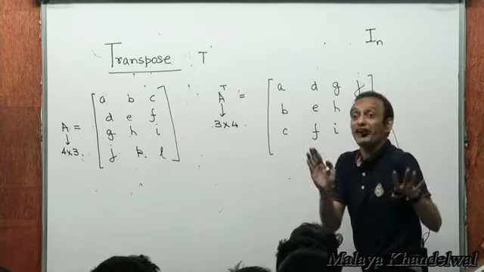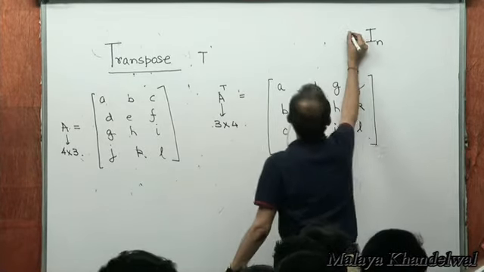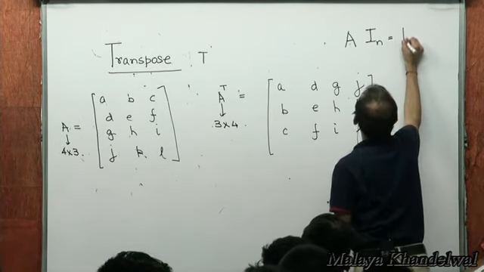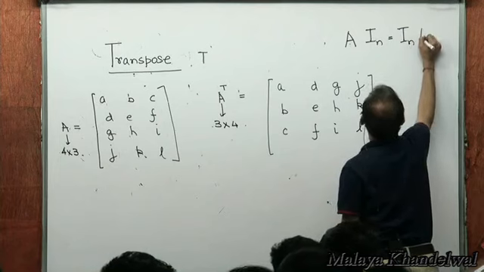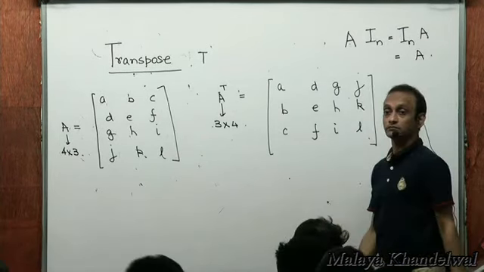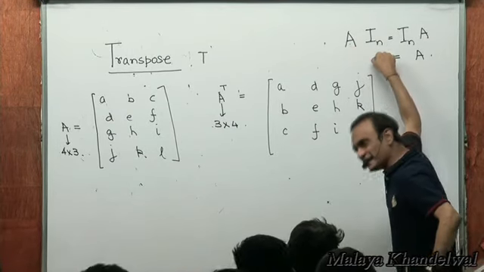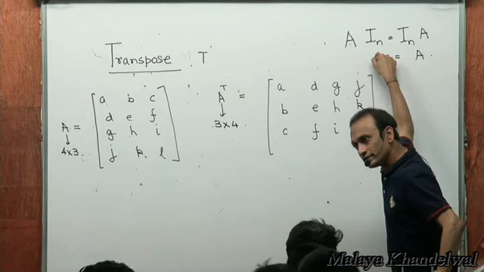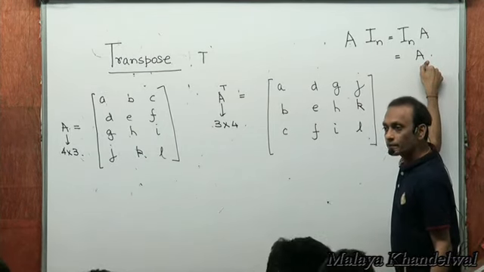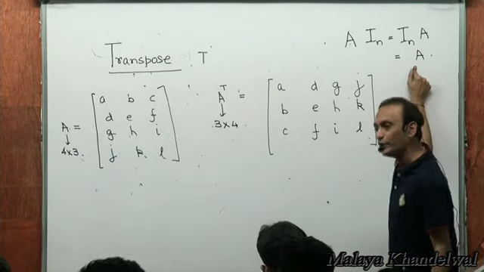And if A is a matrix of order n, then A into In will be the same as In into A will be the same as A. You multiply a matrix of order n with an identity matrix of order n, you will get the same matrix A. Or you interchange this operation, then also the same output A would be produced.